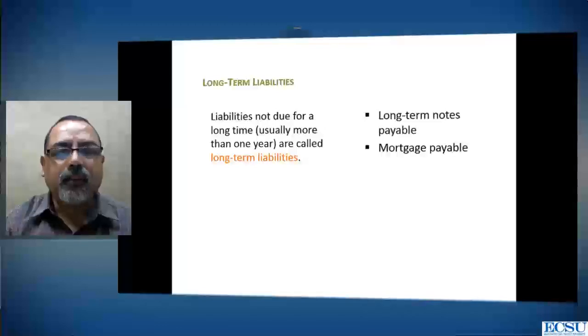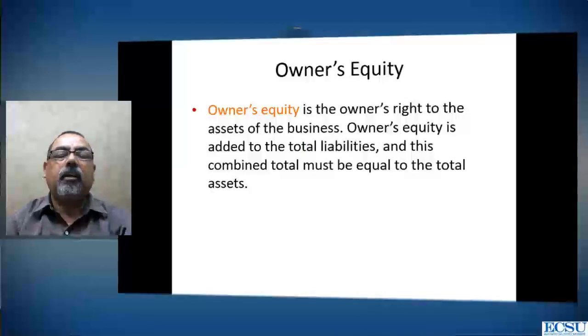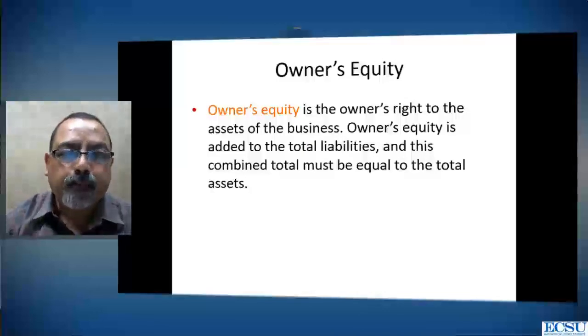So the 10,000 for this year, if this is the first year, will be considered as the current liability, and 140,000 will be considered as a long-term liability. So that's how we would classify that. And sometimes bonds payable also will be that way. So these are your current and long-term liabilities.